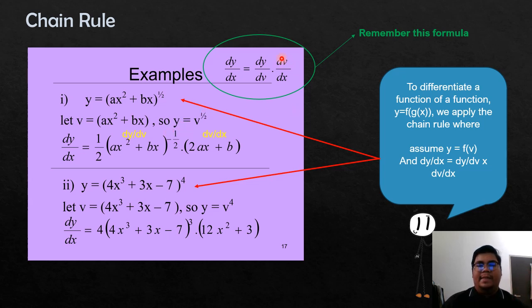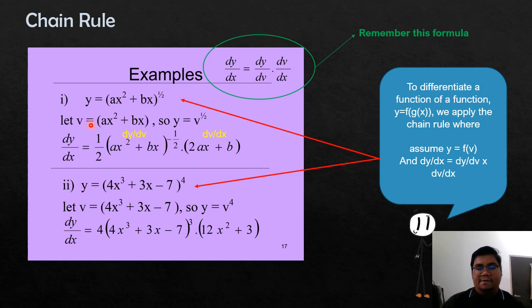Here we apply the rule, differentiating y with respect to v. So we differentiate y over v to the power of 1 over 2, and we get dy over dv. The 1 over 2 goes to the front, and the power at the back is negative 1 over 2, because we subtract 1. Then we multiply it by dv over dx.